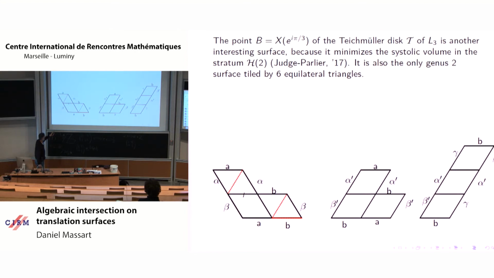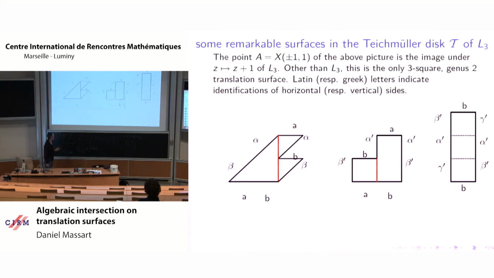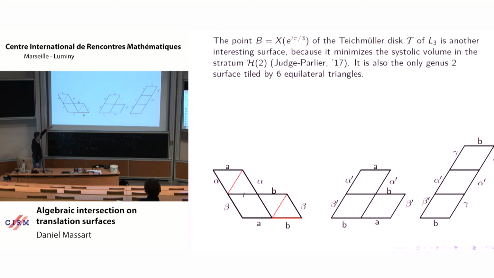So this one is the point B. It is the only surface of genus 2 tiled by 6 equilateral triangles.